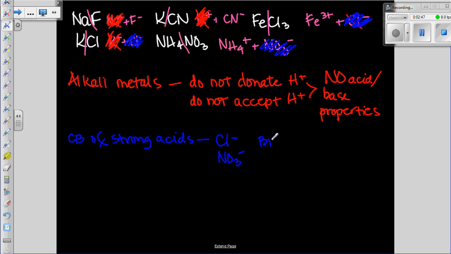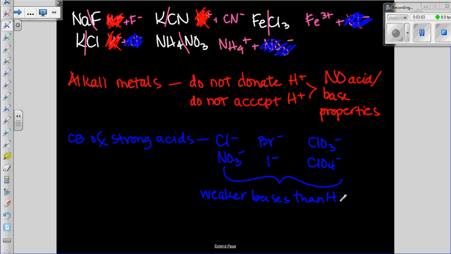Let's see what others, bromide, iodide, chlorate, perchlorate. These are going to be weaker bases than water. So once again, they will have no acid-base properties. Water is going to be what contributes to pH.